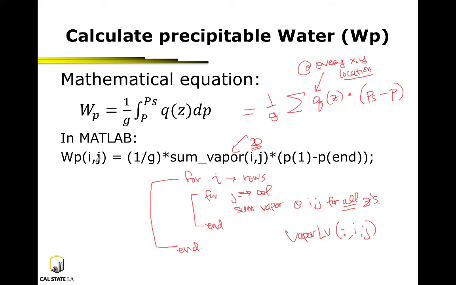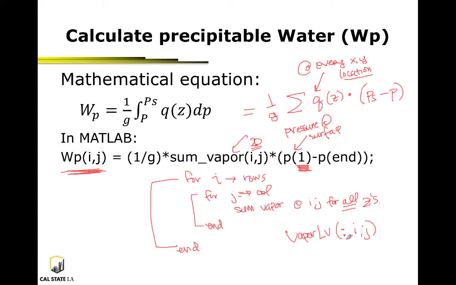So this is basically the equation you're going to end up with, where the precipitable water at every x and y location is 1 over gravity multiplied by that summation multiplied by the change in pressure. So this is going to correspond to your pressure at the surface, which we know is at the first position for various of your input.